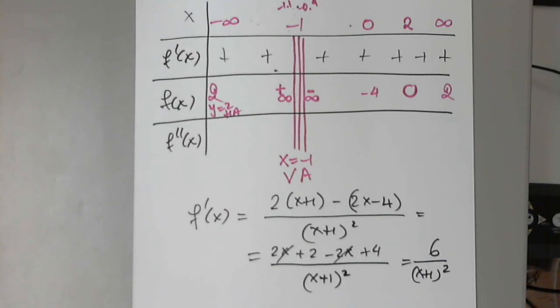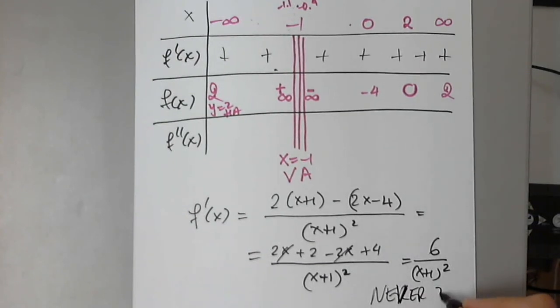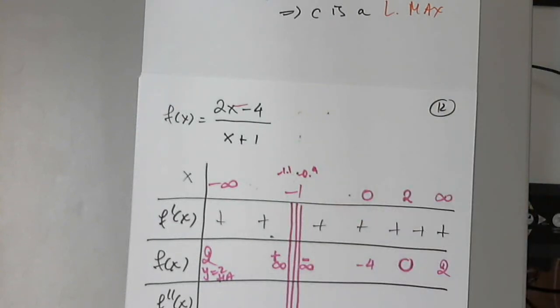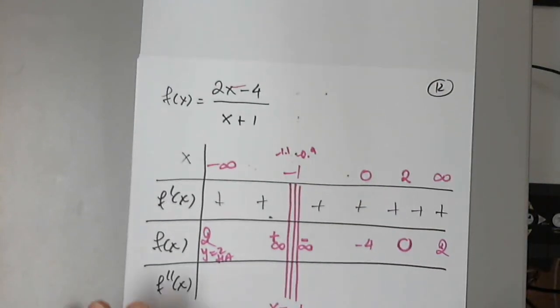No critical numbers coming from f prime being undefined. And this expression, f prime of x equals 6 over x plus 1 squared, is never 0. Never 0. Good. So we'll stop after we make these two work, if they work.